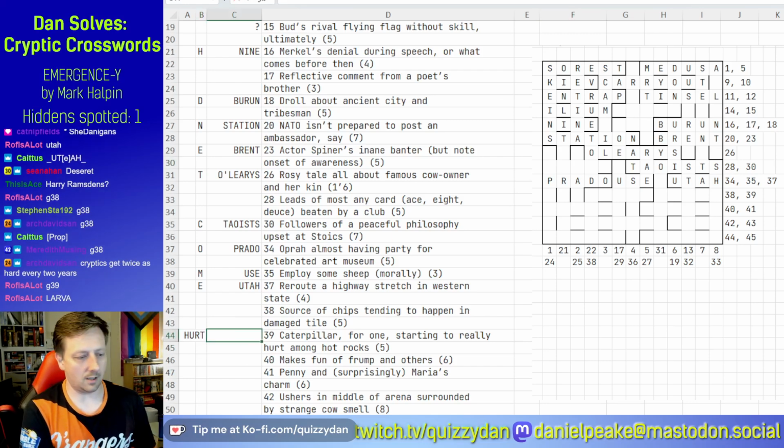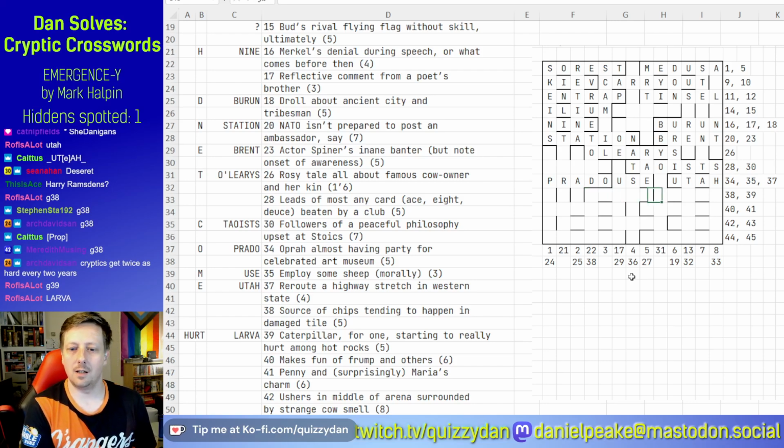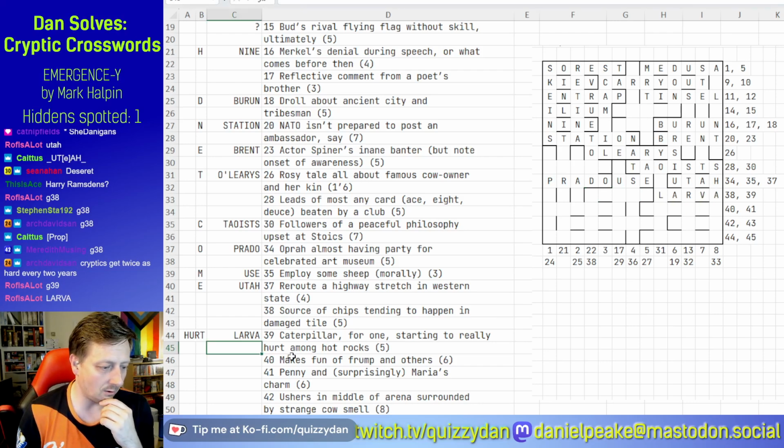And the first letter of really, the starting to really in lava for hot rocks. Lava's definitely hot, at least at the start. And that becomes a lava with an R in it. So that is that. 40 across.